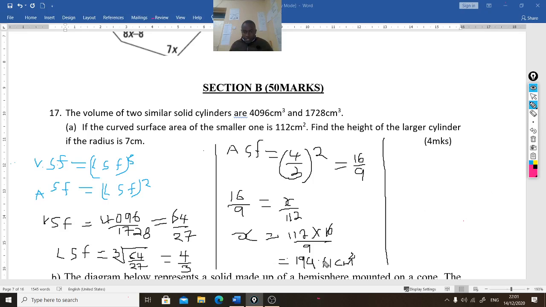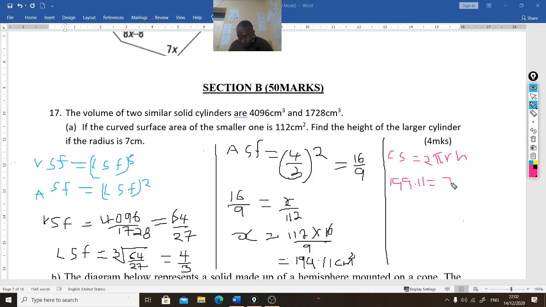We know that to find the curved surface area of a cylinder, the formula is 2 pi r h. So this is the curved surface area of the larger cylinder. It implies that 199.11 will be equal to 2 pi r h.